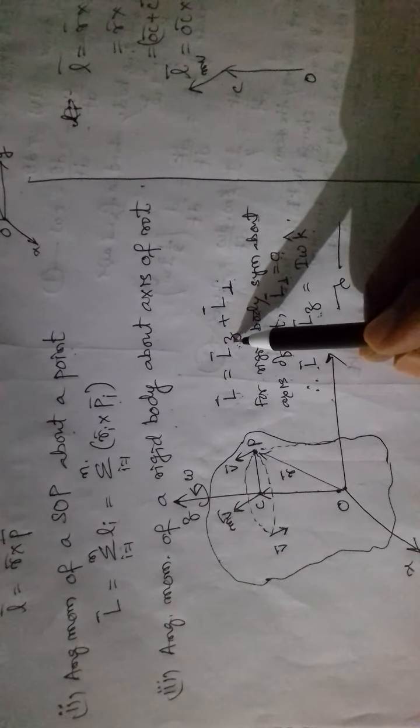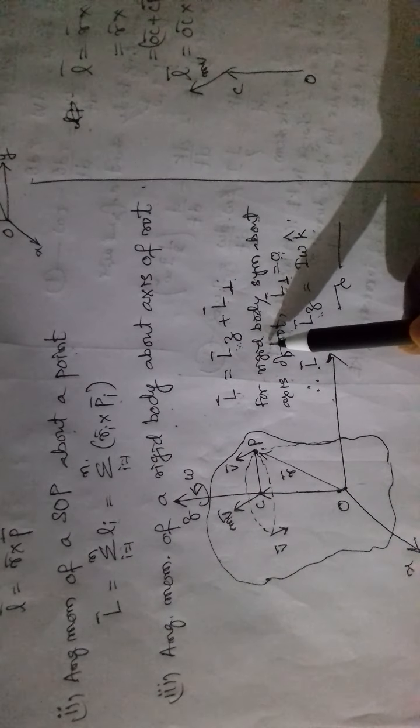Total angular momentum is equal to angular momentum about the z-axis plus angular momentum perpendicular to the axis of rotation. This is the angular momentum about the axis of rotation, and this is perpendicular to the axis of rotation. This is the general expression.